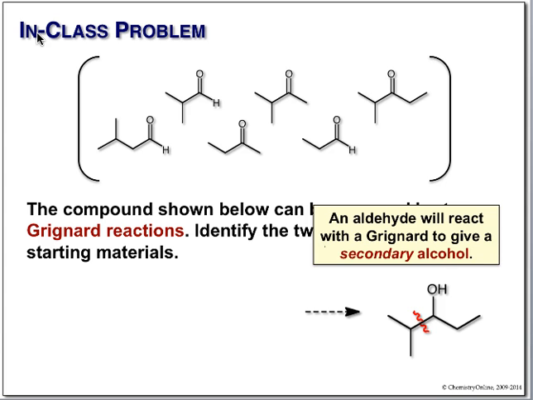The aldehyde simply has a 2-carbon chain attached to it, attached to the carbonyl carbon. And the one up here that works, this is a ketone, it's this guy. Our Grignard is the other half. It's our isopropyl group with the Grignard attached to carbon 2.